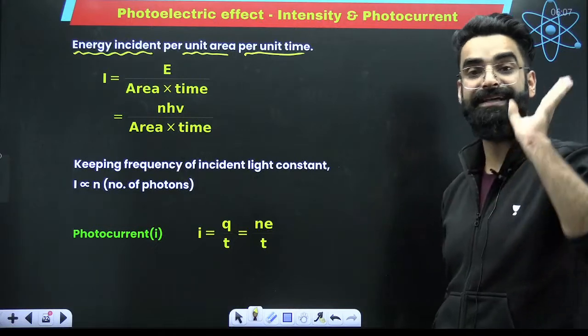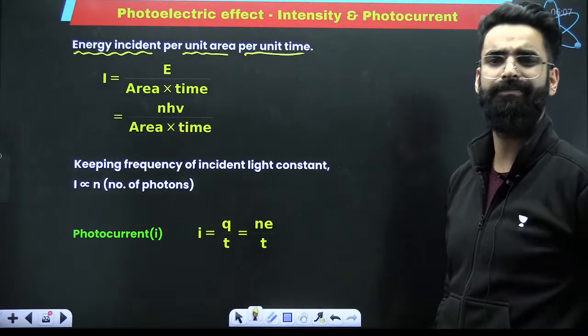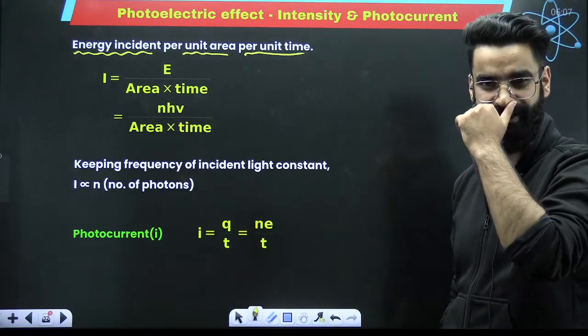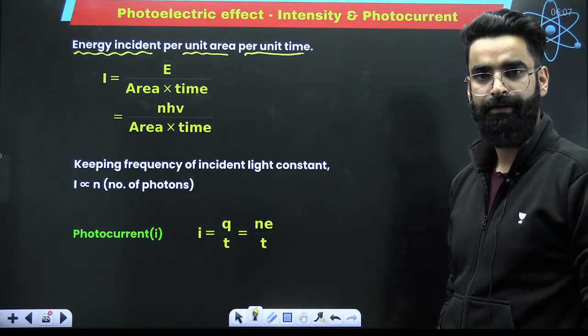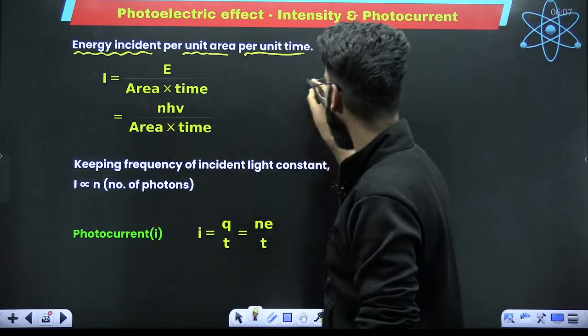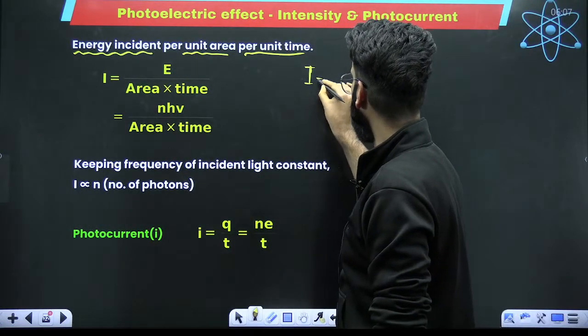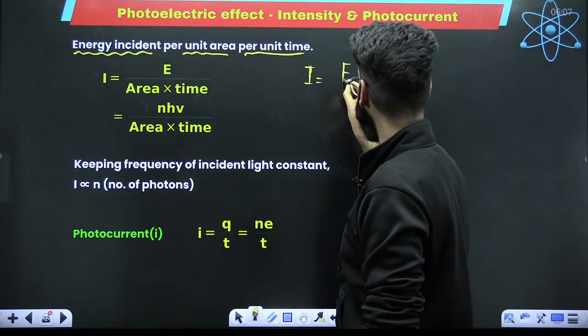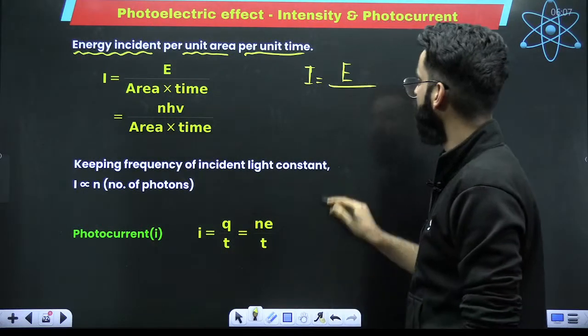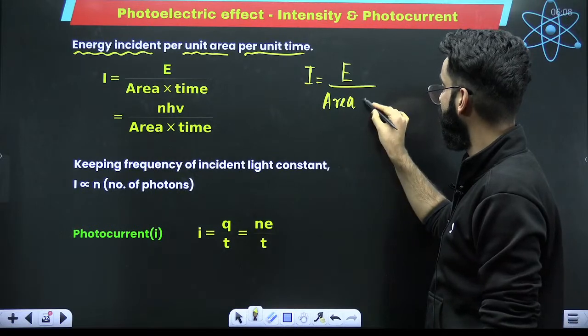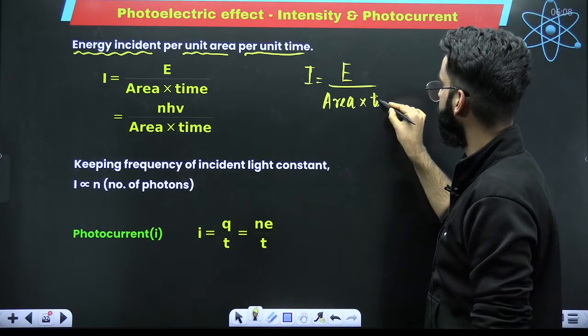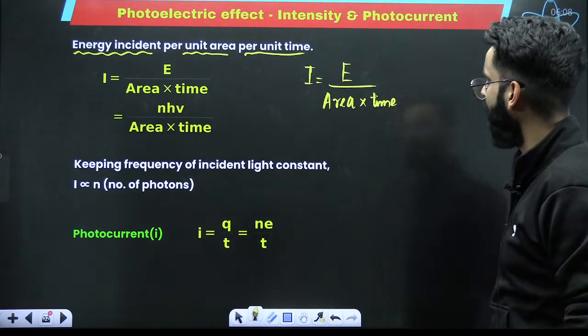That defines the intensity of the radiations, of the light basically, of the source basically. So what is intensity? Intensity is denoted by I. It is equal to energy which is incident on what? On a unit area of the surface per unit time. In a unit time, right?